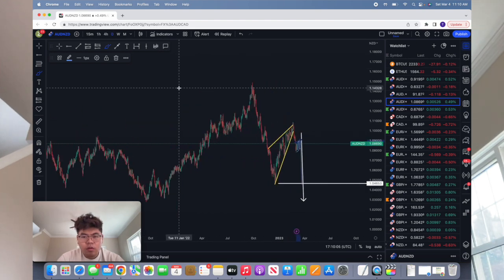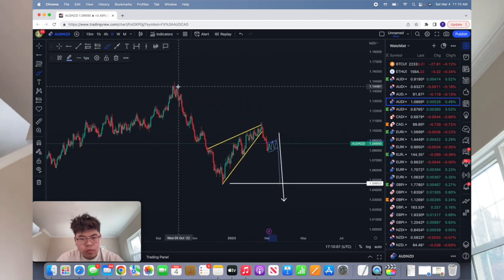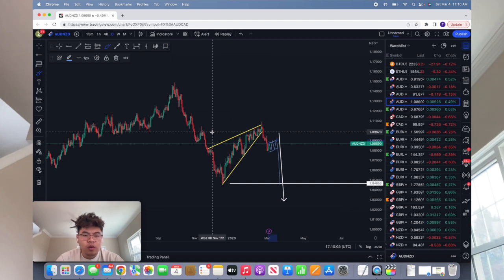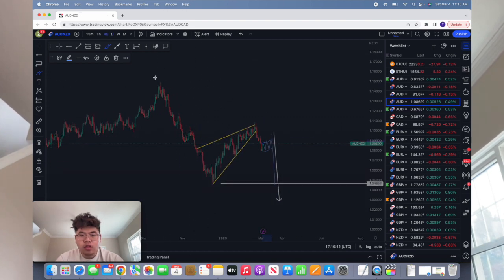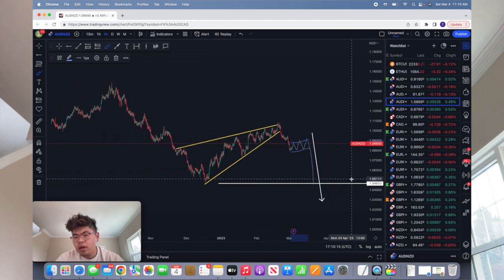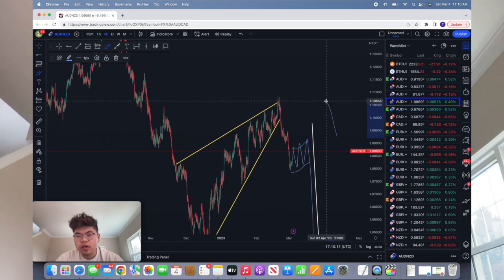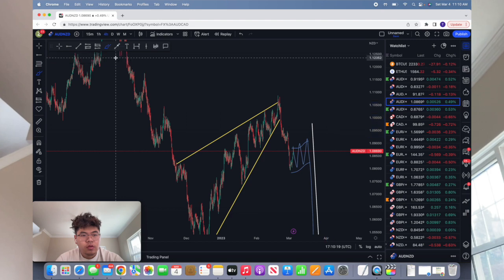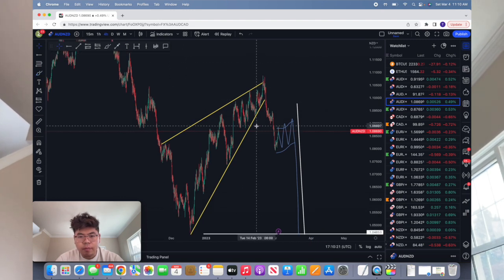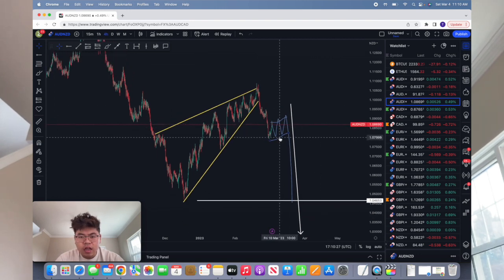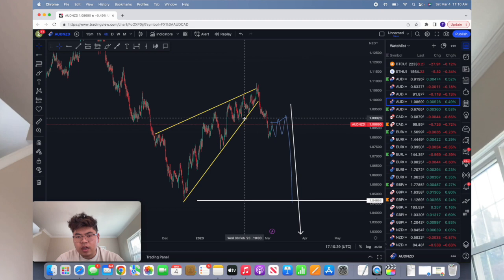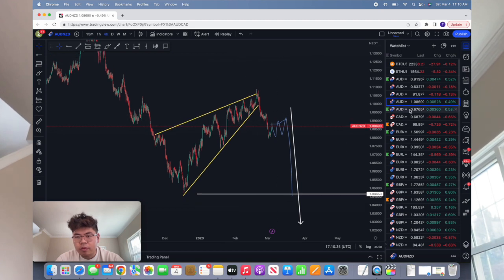But right now, we can understand where it's going, but I want to see structure. Not commitment, but more of structure. I'll be looking to enter. We can see it broke the top structure, and it's coming down. So not any entries that I'd be looking to enter, but more of opportunities.